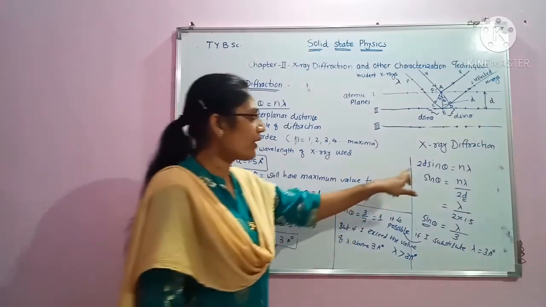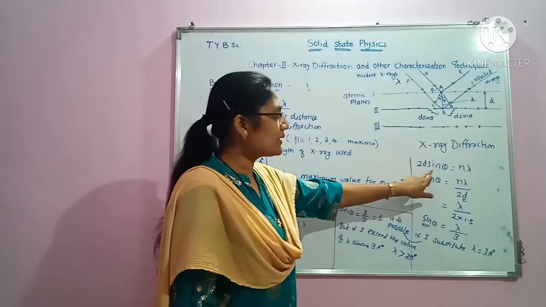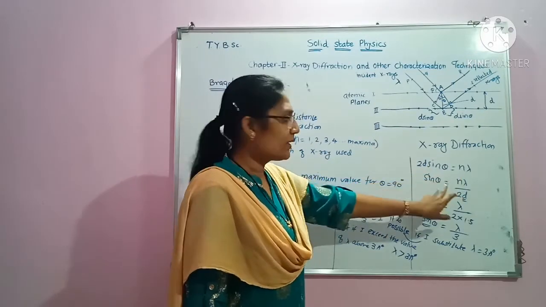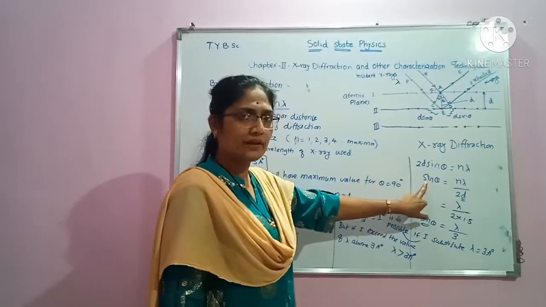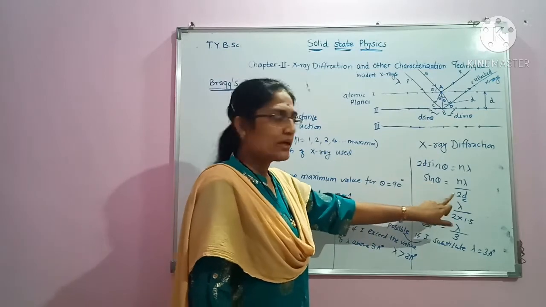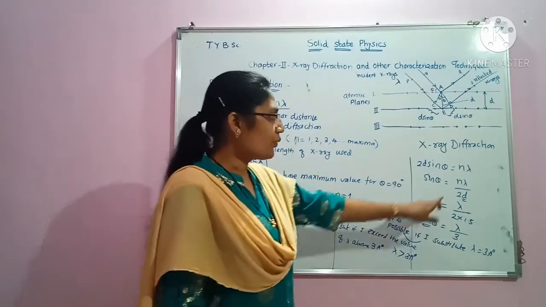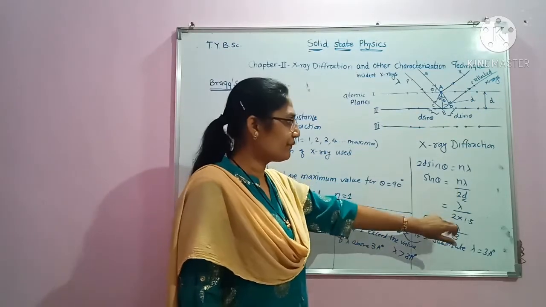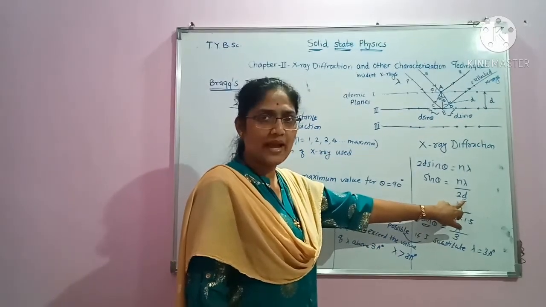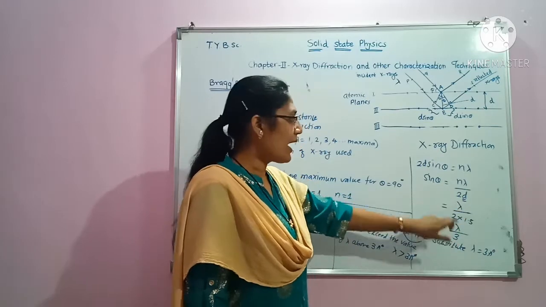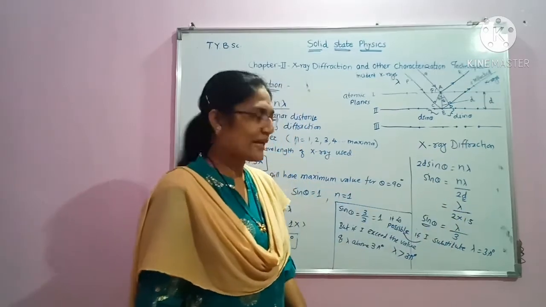Then we have come here: 2d sin theta is equal to n lambda. Here we have written the sin theta value. Sin theta is nothing but n lambda upon 2d. Here we have considered n as 1, and d as 1.5 angstrom, and we have substituted these values.